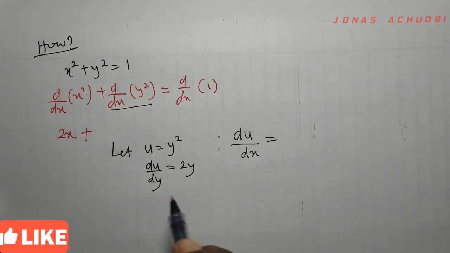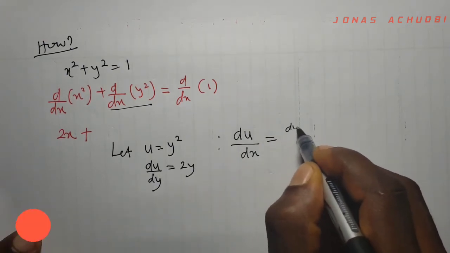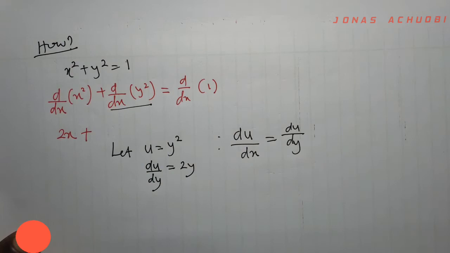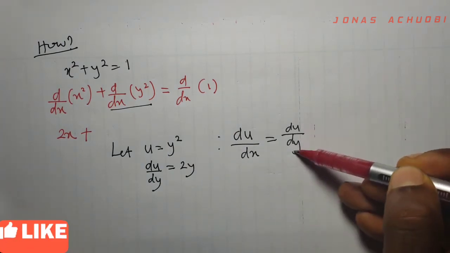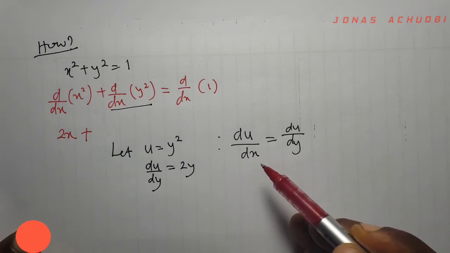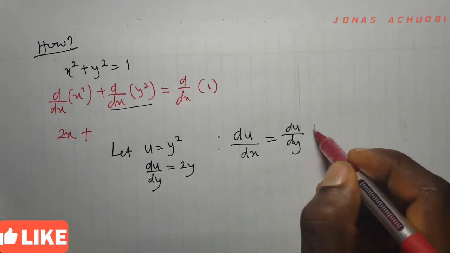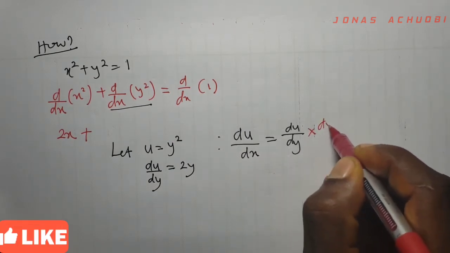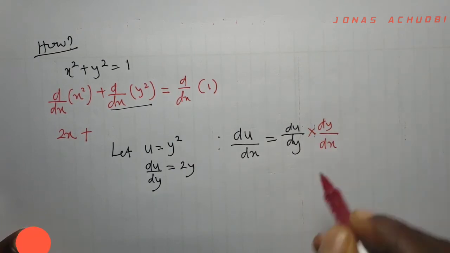So du/dx is nothing but du/dy times something. What do we multiply du/dy by to get du/dx? If you recall our chain rule, it is du/dy times dy/dx. How?